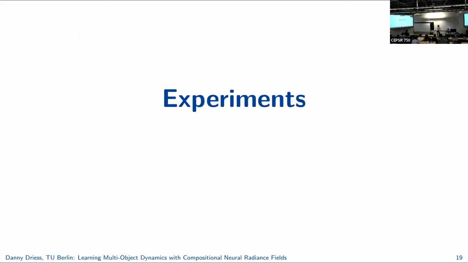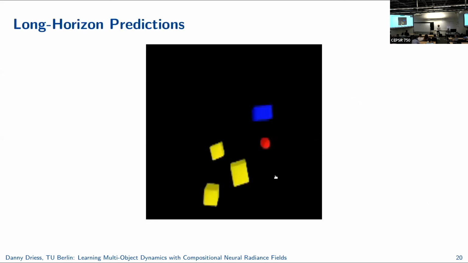Okay, now I want to show you some experimental results. What you see here is a rendering of the initial scene from the neural radiance fields for some boxes. And what you see now will be the open loop forward predictions over a very long horizon.